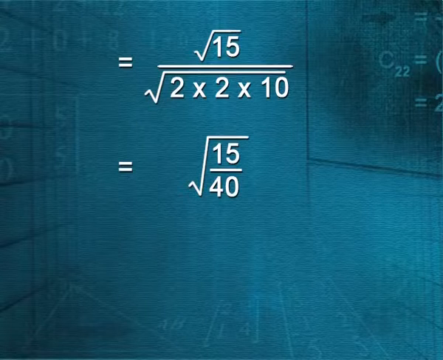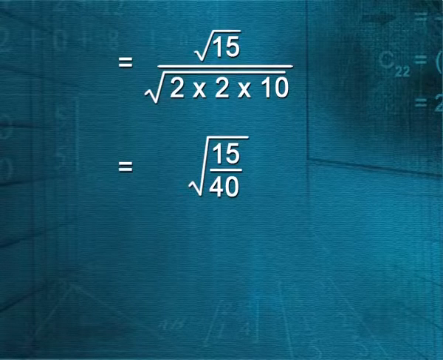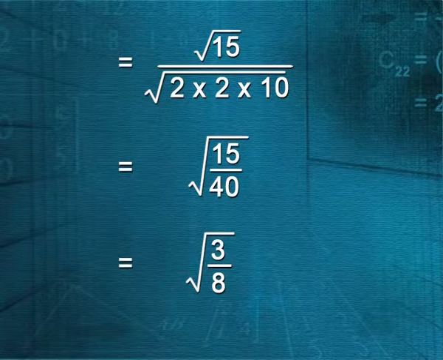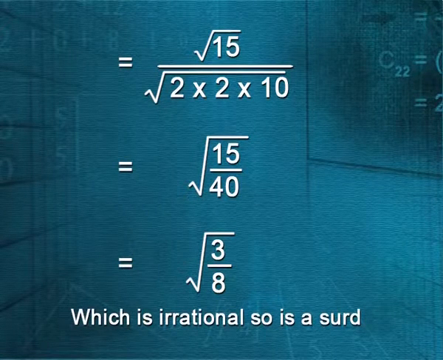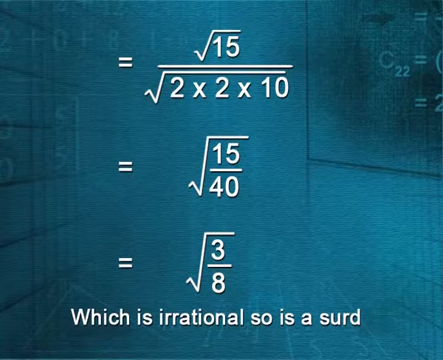So, we can divide numerator and denominator by 5. Dividing by 5, you will get under root 3 by 8, which is an irrational number. And from the definition of a surd, you can say that it is a surd because under root 3 by 8 is an irrational number.